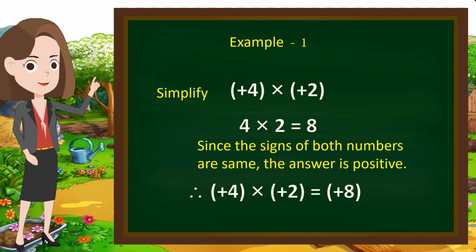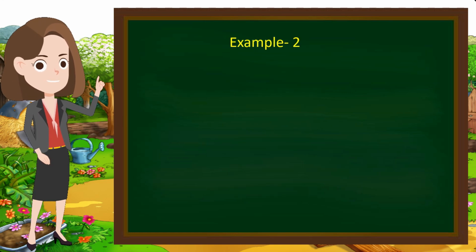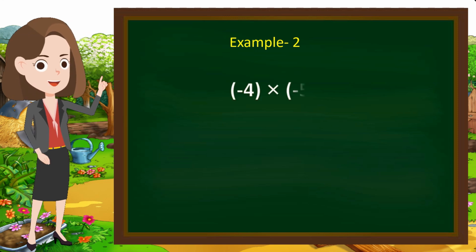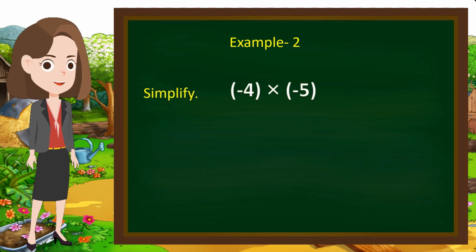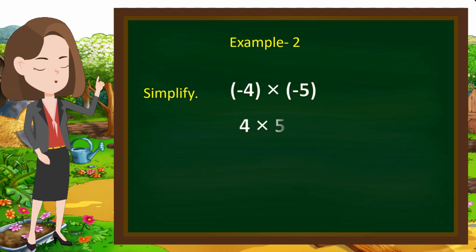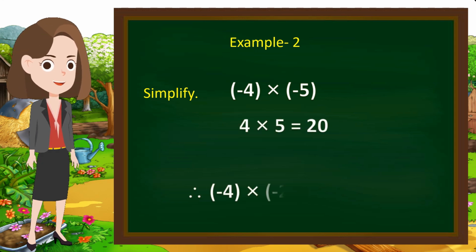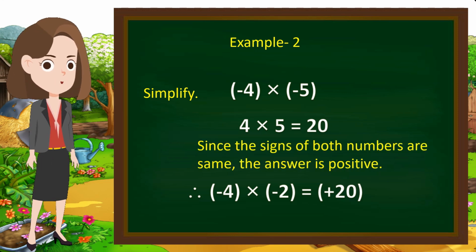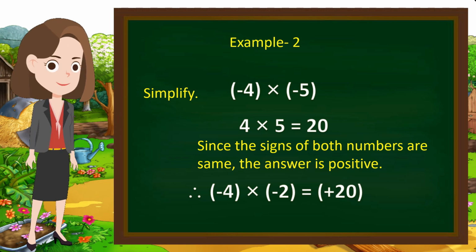Now, let's consider the answer of minus 4 multiplied by minus 5. The answer of 4 multiplied by 5 is 20. Since both numbers have the same sign, the answer obtained by multiplying minus 4 and minus 5 is plus 20.